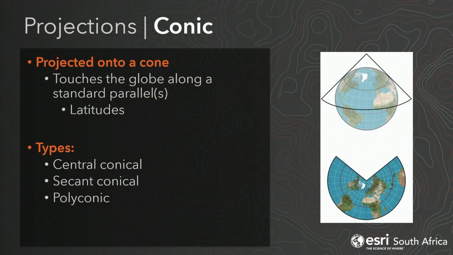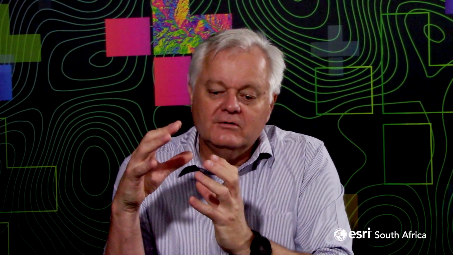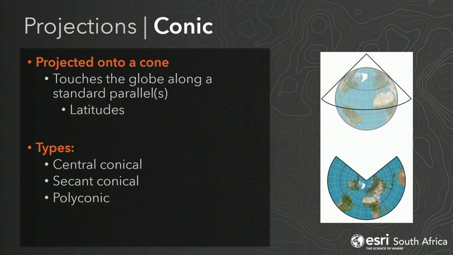The next is conic. We take a piece of paper and turn it into a cone by folding it, and then we place the cone over the Earth's surface. There you can see it looks like a hat. Where it touches the globe, along these parallels, where the physical piece of paper is touching the globe, is where the concept of the standard parallels comes in.